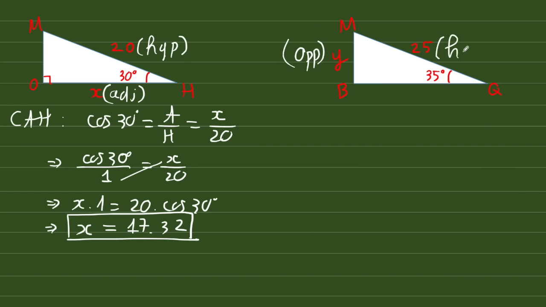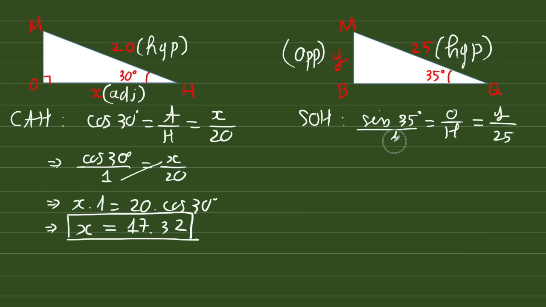The next one, you have y here as the opposite, this one is the hypotenuse, and you have the angle. So we will use sine 35, opposite divided by hypotenuse. Opposite is y, hypotenuse is 25, and this one is over 1.